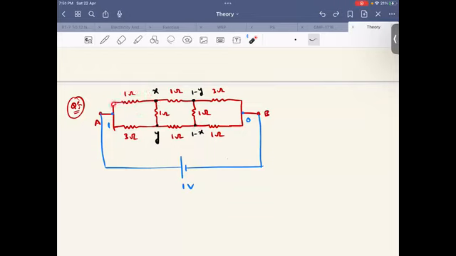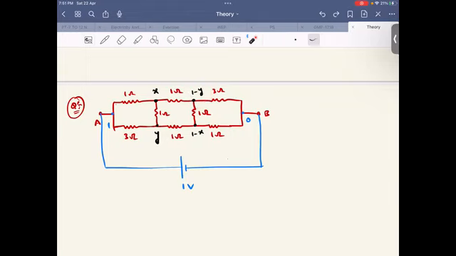This side 1 volt, this side x volt, so the difference is 1 minus x. The potential drop across this resistor should also be 1 minus x, then only the same current will flow. Here 0 is already there on the right side, so this side 1 minus x should be there. Similarly, here you get 1 minus y.